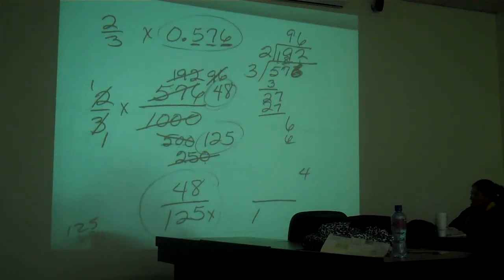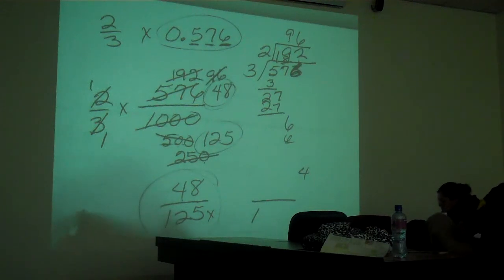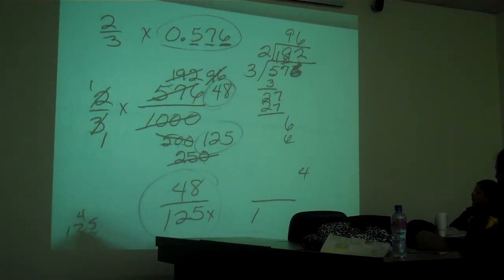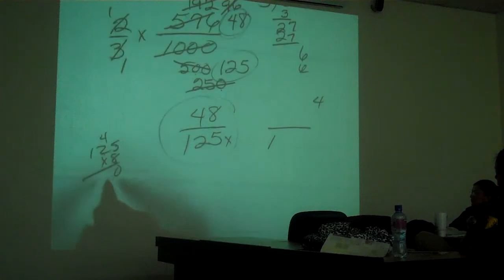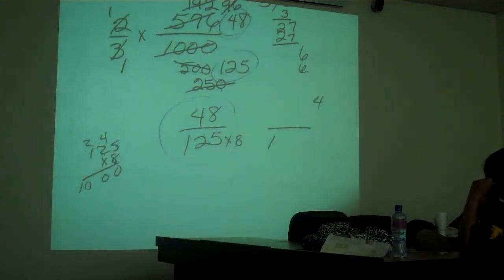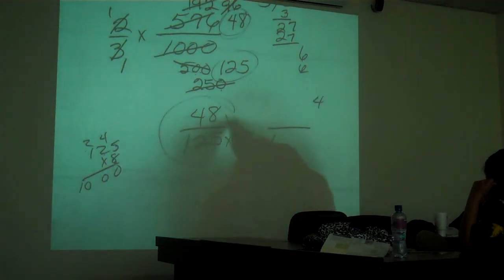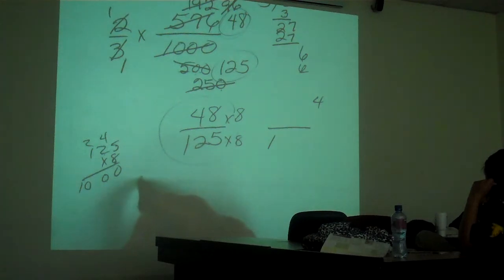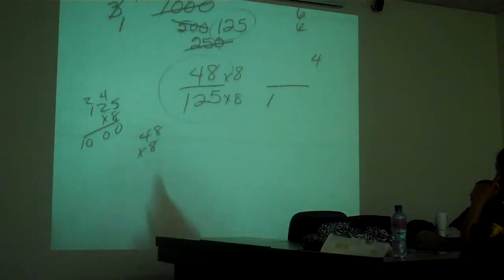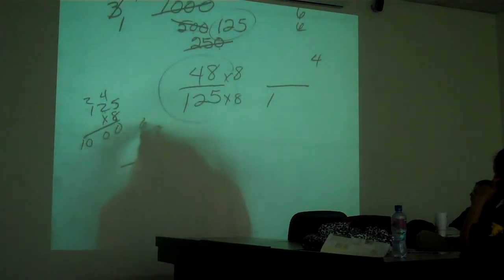125 times 8. 8 times 5 is 40. 8 times 2 is 16. Plus 4 is 20. 8, 9, 10. So do it times 8, and it'll be real easy to convert back to decimal. Times 8 here. 48 times 8. 8 times 8 is 64.